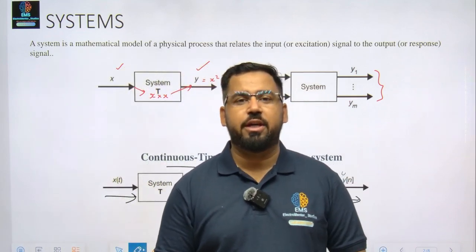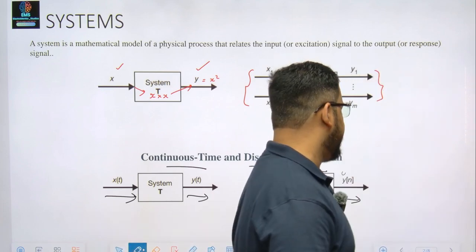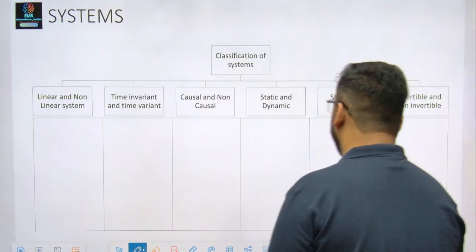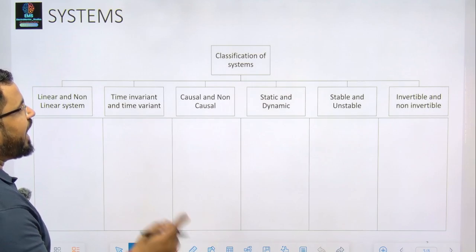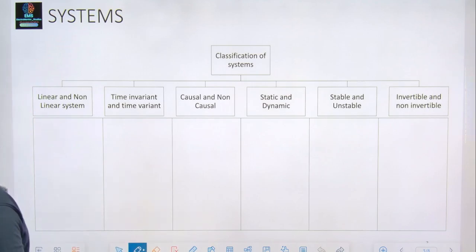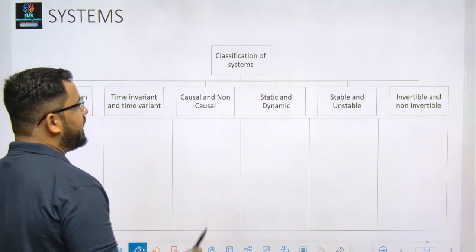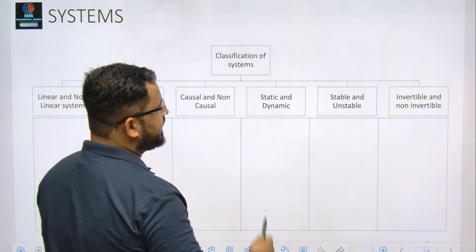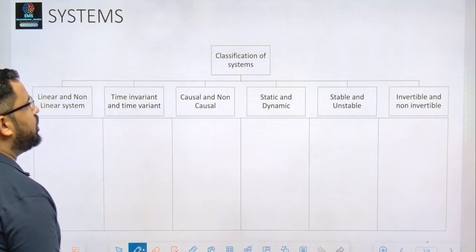So according to the input, we decide whether the system is continuous time or a discrete time system. So basic classification of system: we have six such classifications. First is linear, non-linear; time variant and time invariant; causal, non-causal; static, dynamic; stable, unstable; invertible and non-invertible.